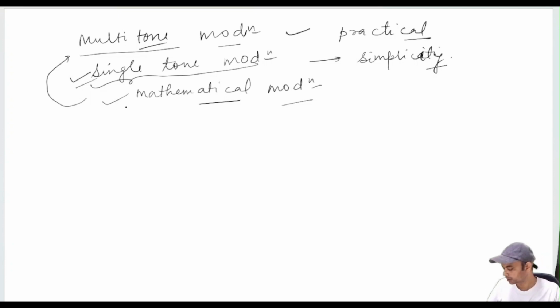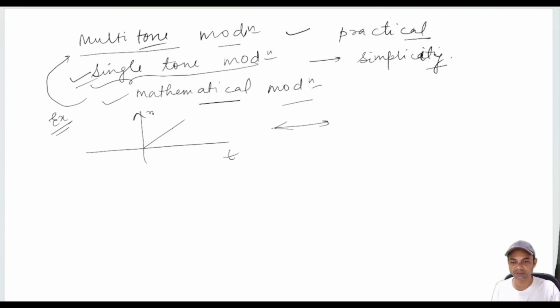Now, suppose we have a message signal like that, then this is m(t), and the Fourier transform of this is something like that. We cannot transmit it directly because of antenna constraints.